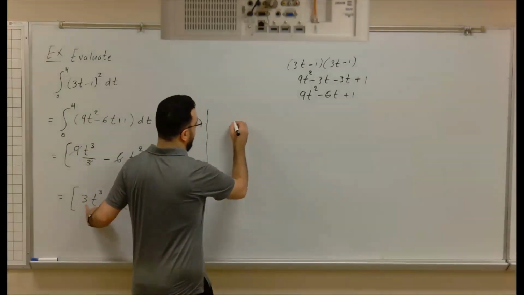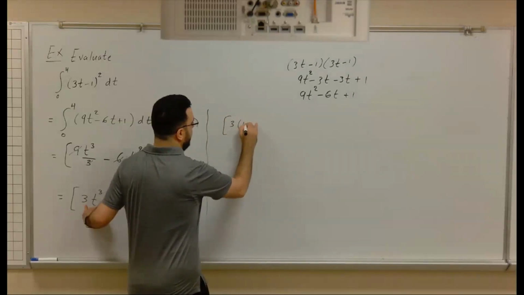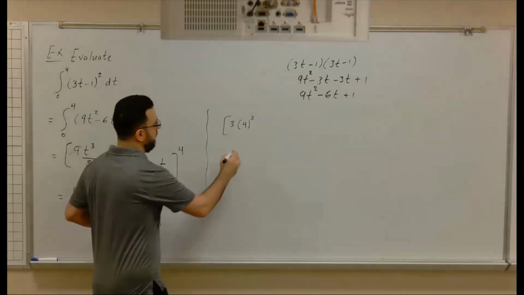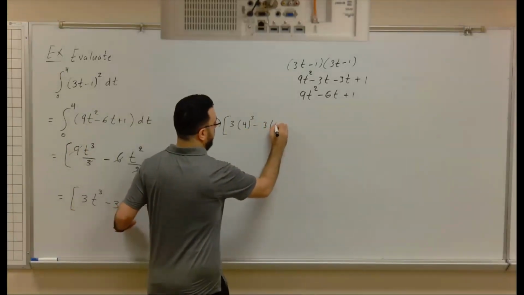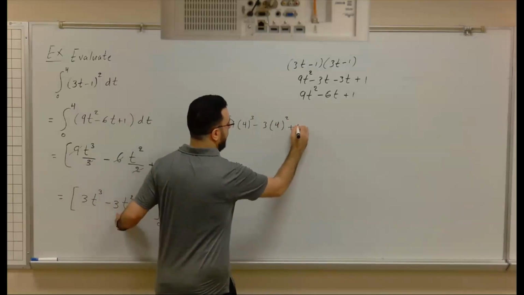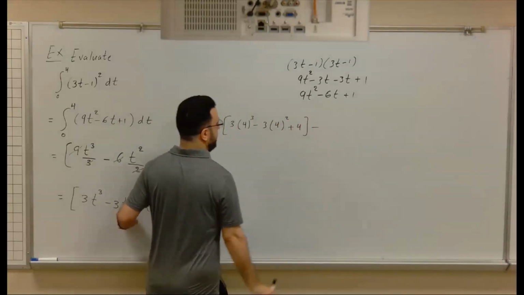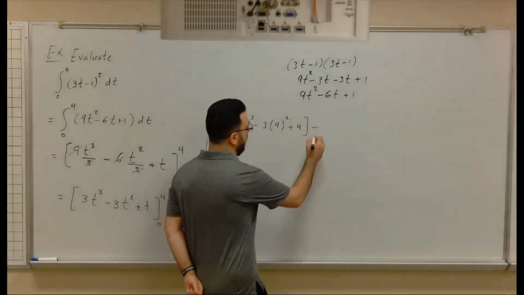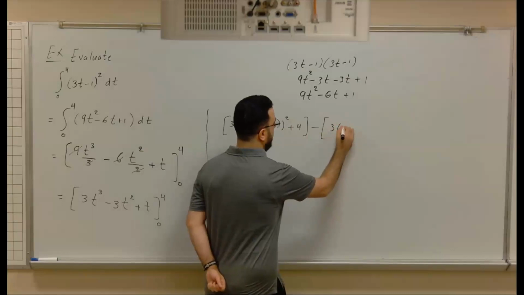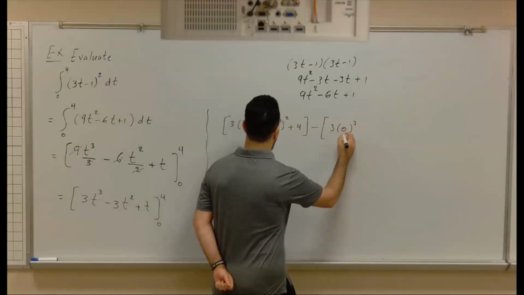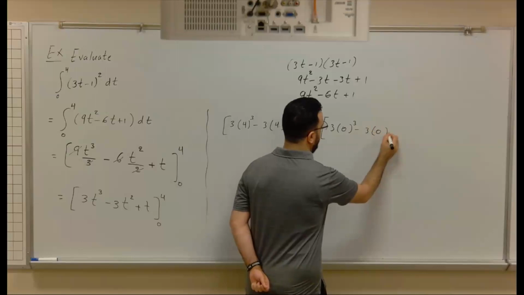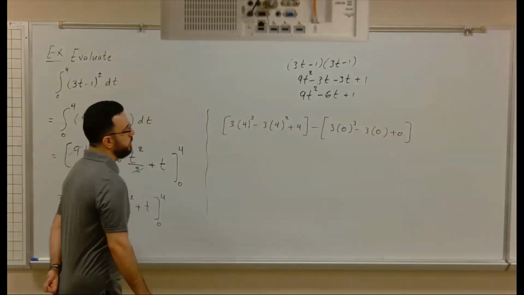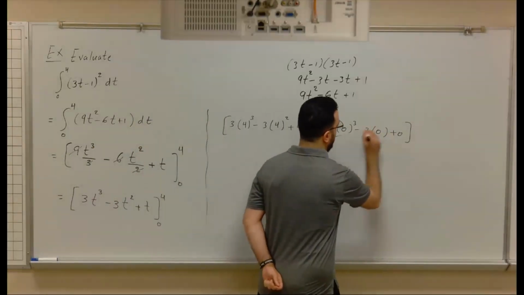So it's going to be 3 times 4 cubed, minus 3 times 4 squared, plus 4, minus, you're going to plug in the 0, which is 3 times 0 cubed, minus 3 times 0, plus 0. Check here, everything is going to be 0.